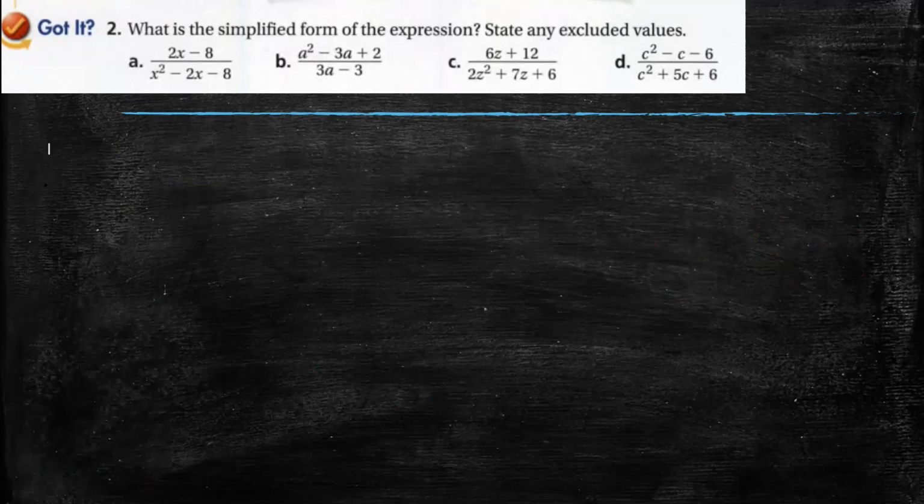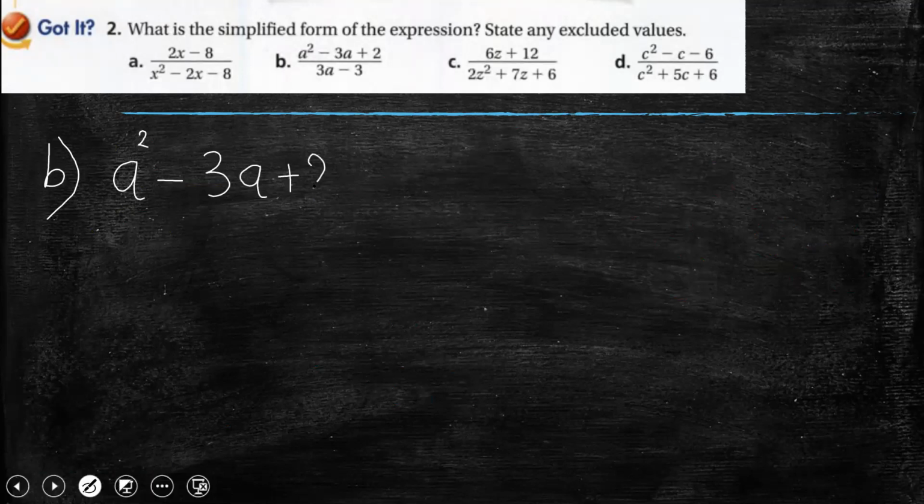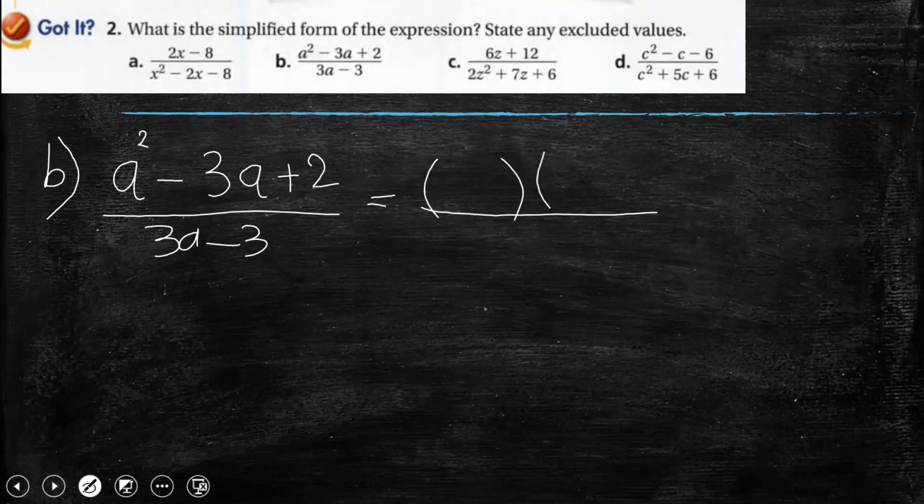Bravo. Now let's solve B. A squared minus 3a plus 2 over 3a minus 3. Yes, Huda. Look at the numerator here. A to the power 2. We will factorize it.